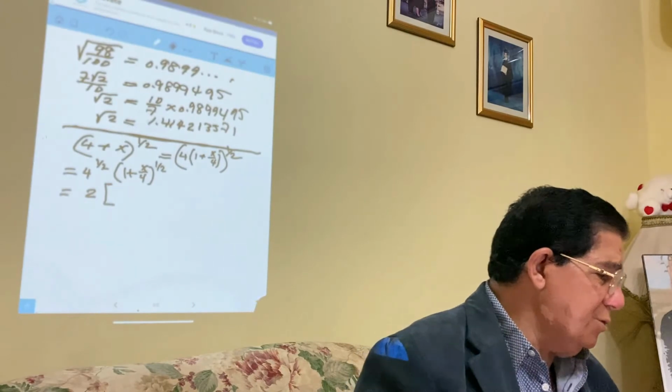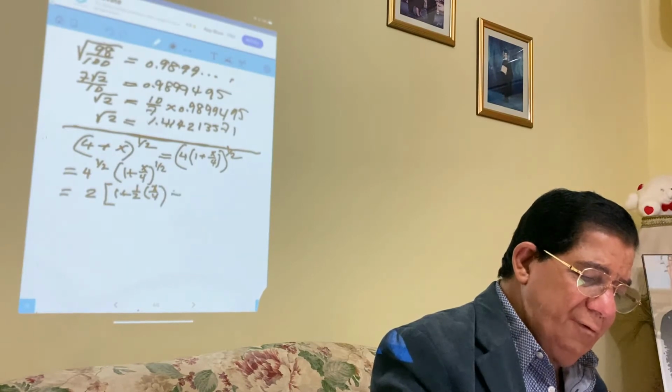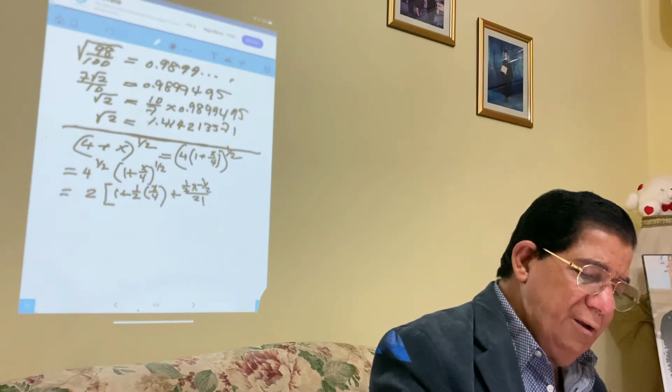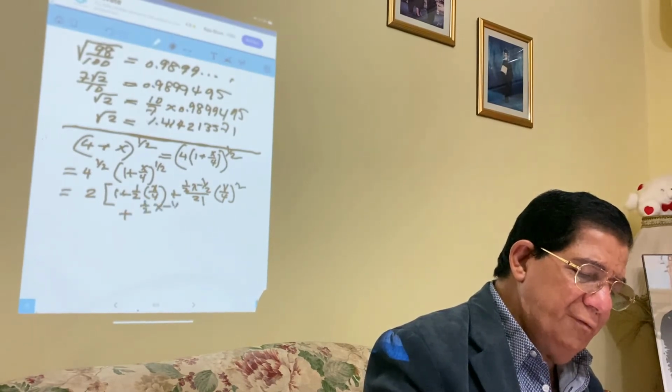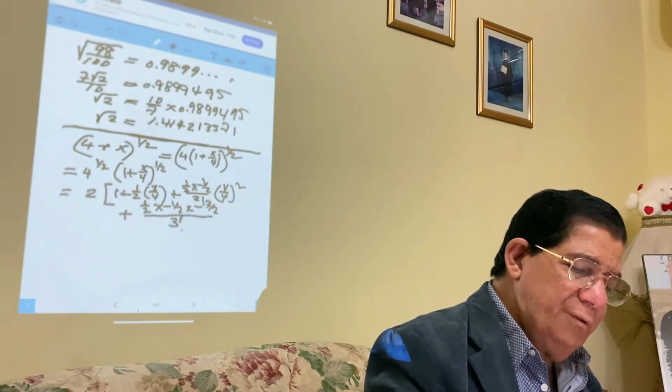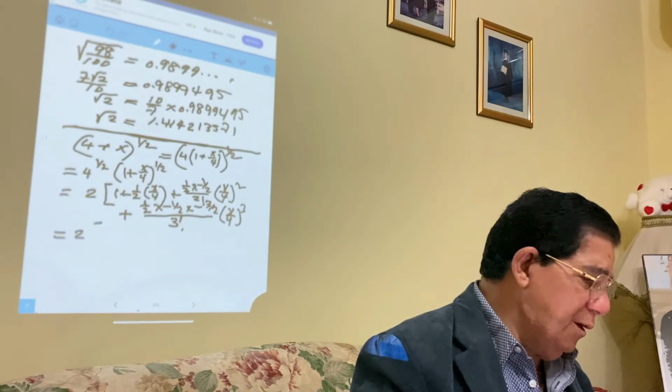We expand this, and this expansion would be 1 plus half x over 4 plus half times negative half over 2 factorial x over 4 squared plus half times negative half times negative 3 over 2 over 3 factorial x over 4 cubed. Then this would have 2 outside. We simplify the inside.